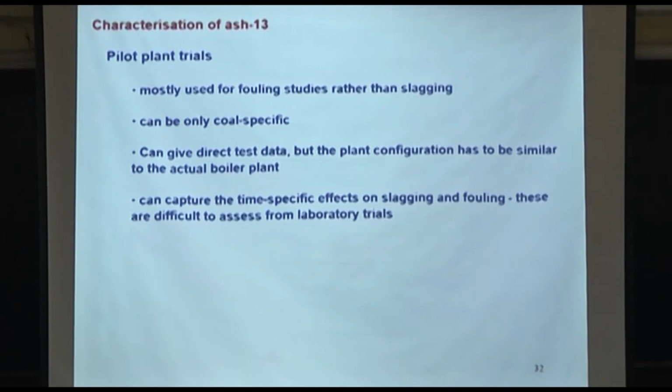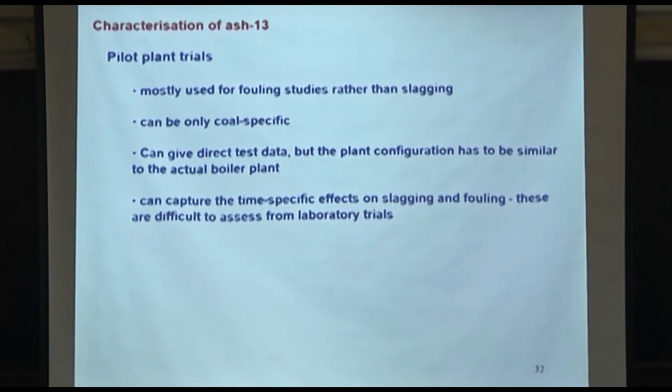So the pilot plant, staying in the theme of fouling and slagging: pilot plant trials are mostly used for fouling studies rather than slagging. It's simply because once it is slagged, it's gone. It's very, very difficult to clean the pilot plant. Fouling is easier to manage.